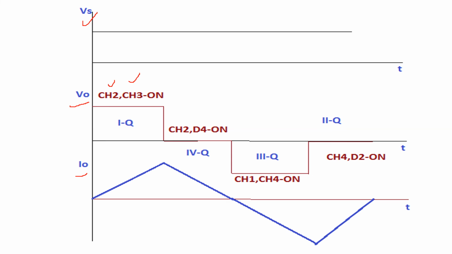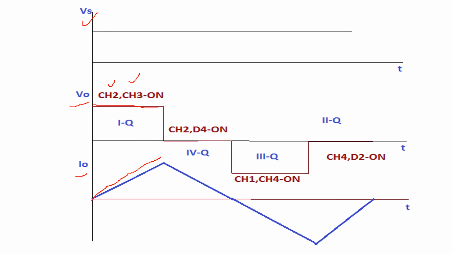Due to the conduction of CH2 and CH3 we get the output voltage V0, which is the same as Vs, that is V0 is equal to Vs, and the inductor starts charging, so the load current starts increasing in the positive direction.